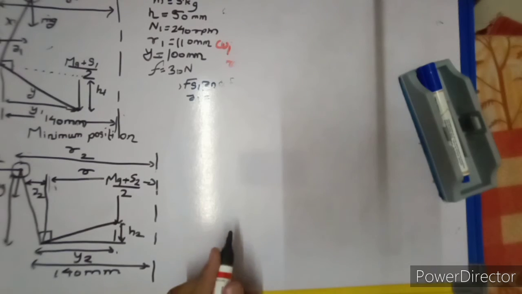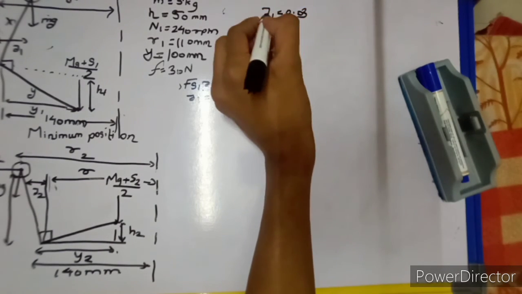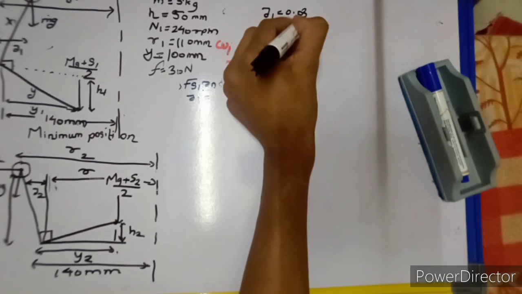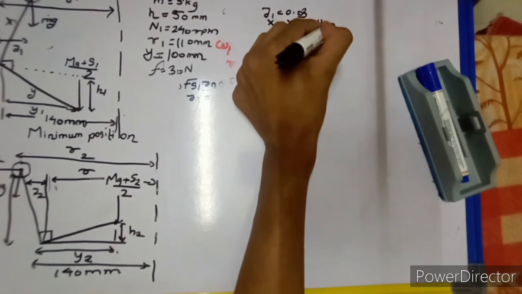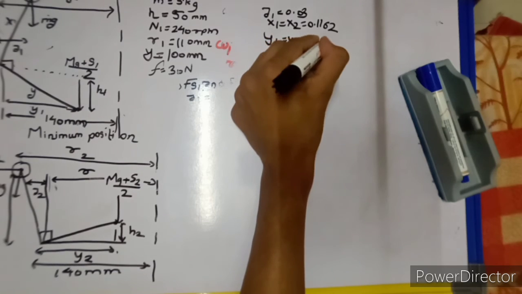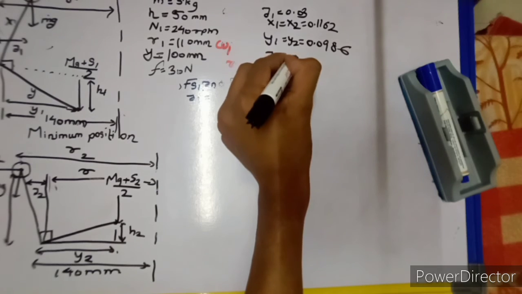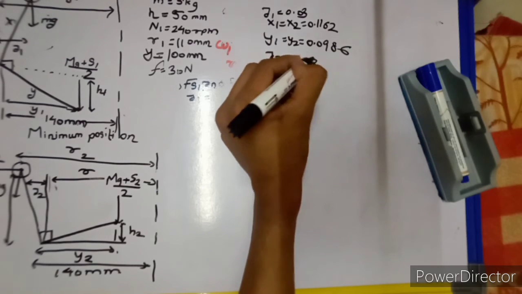So see guys, A1 was 0.03, x1 equal to x2 was 0.1162, y1 equal to y2 was 0.0986, A2 is 0.03.